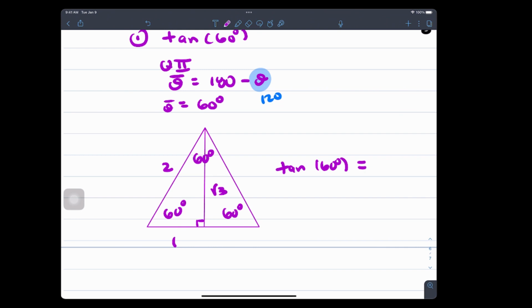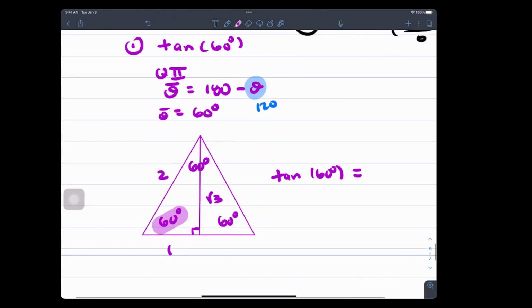Do you guys remember? Because now you get to use this special triangle. Tangent of 60. This is your reference again. This is geometry here. So tangent of 60 is going to be what? Anybody know? What's tangent 60? Is that just the square root of 3 over 1, which is what? Square root of 3.